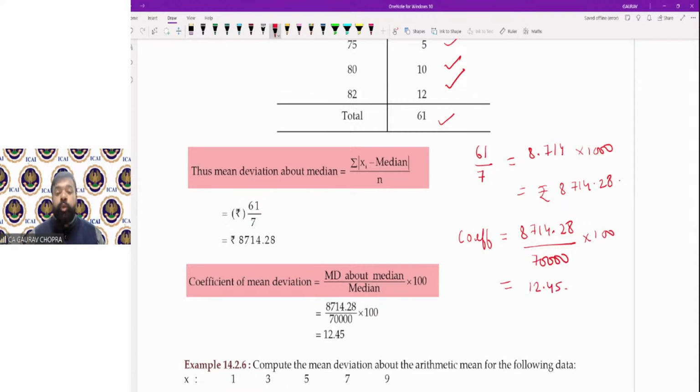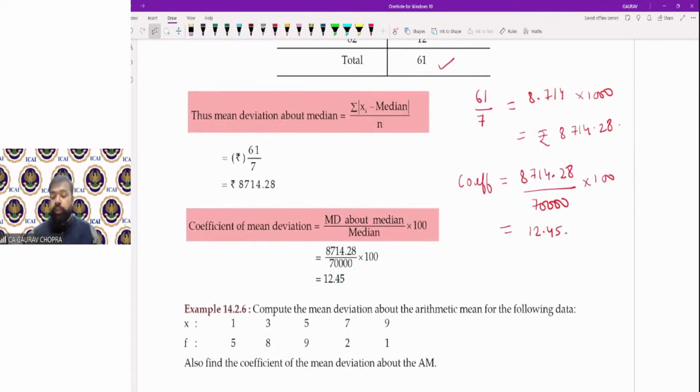So you are getting 12.45. This is your coefficient of mean deviation. Okay. So any doubts still here? If anyone has any doubts up to here, you can ask. Anyone with doubts? No?